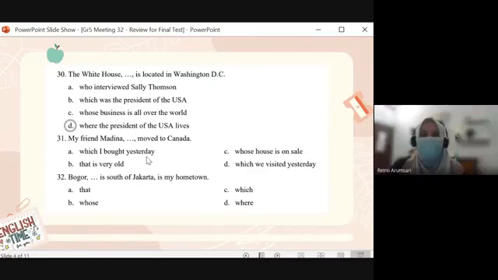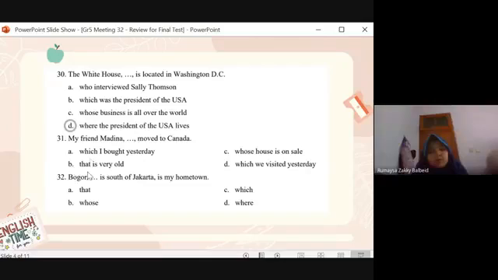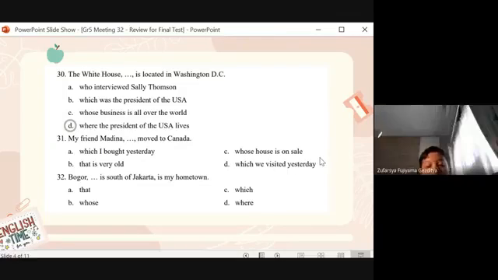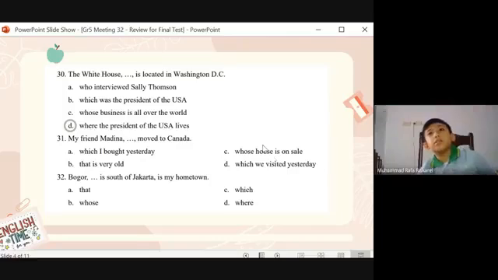We cannot buy a person. Can I use B? No, you cannot use that for a non-defining relative clause. This is wrong. You cannot use that. Okay? And C, can I use C? Yes. Whose house is this?